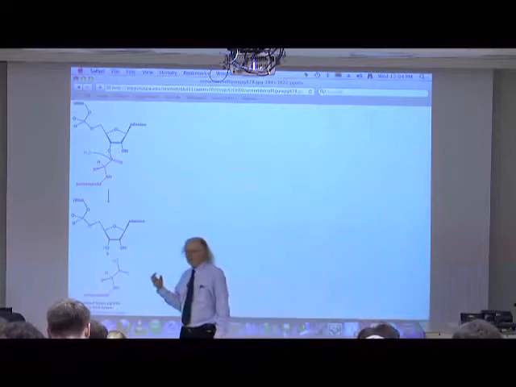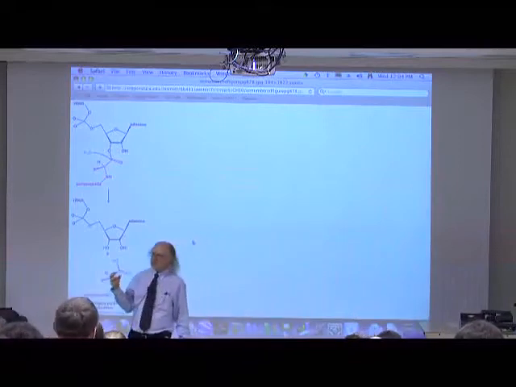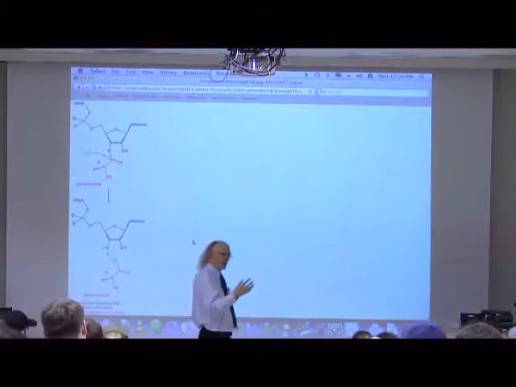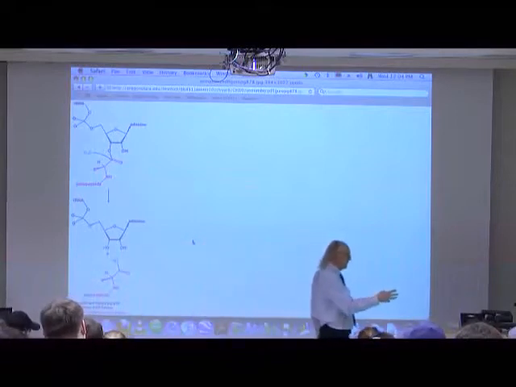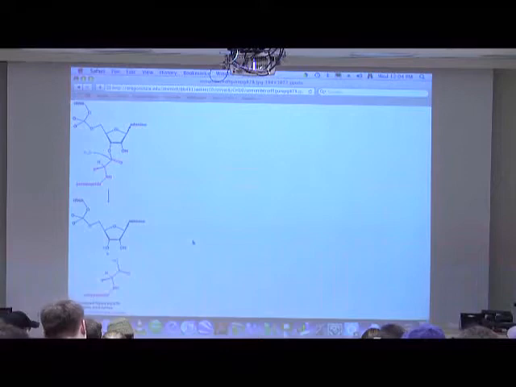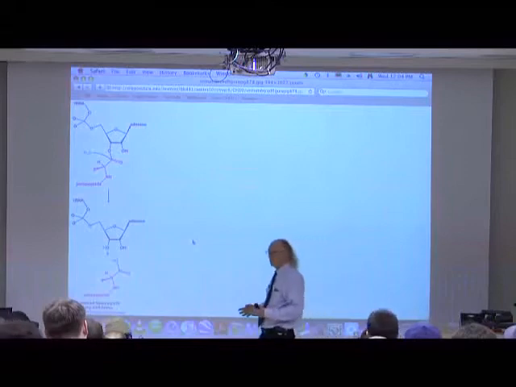If you think back when I talked about EFTU, during elongation, I said EFTU was carrying the transfer RNA so that it could be fitting in the ribosome so that translation could occur, a peptide bond could be formed, etc. And I said that EFTU was the most abundant protein in E. coli by a long way. So it's a very important protein.